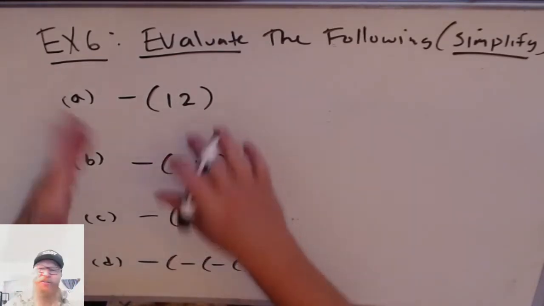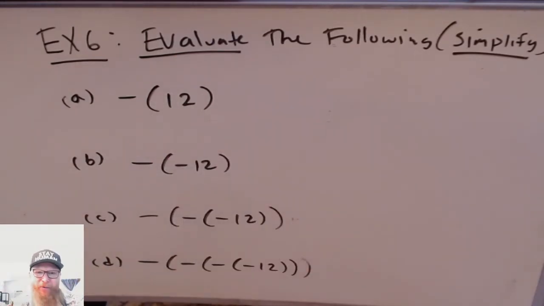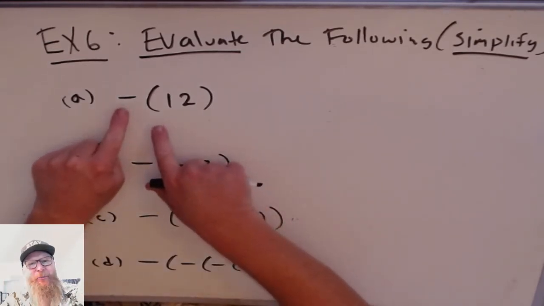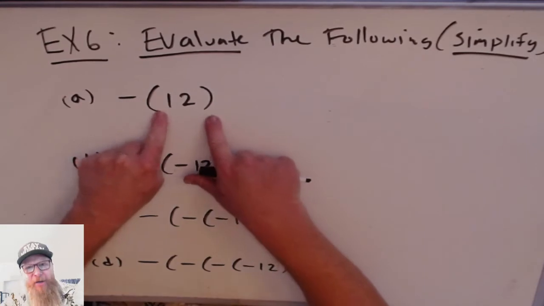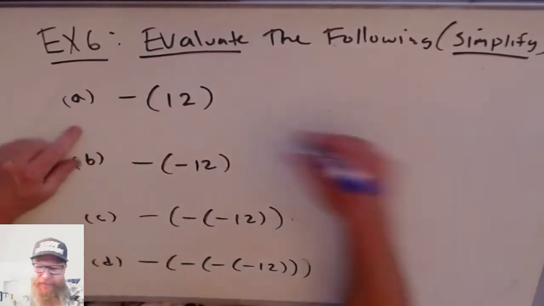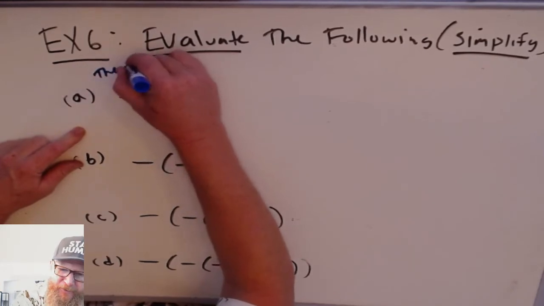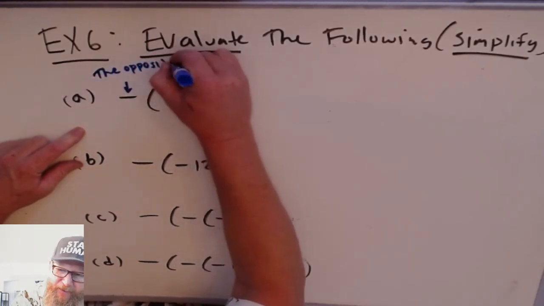Now, you could just do these without even reading or thinking or even talking, but I recommend, especially in this class, talk through everything. Make sure that you're reading it as if it were a sentence. So this literally reads the opposite of 12. It's really going to help, especially when we get to the word problems, that you know how to read mathematics carefully.